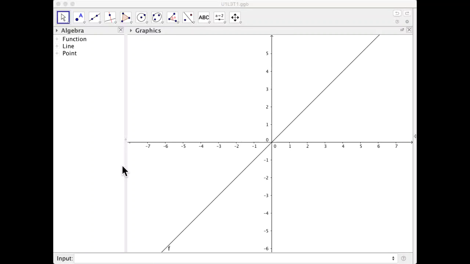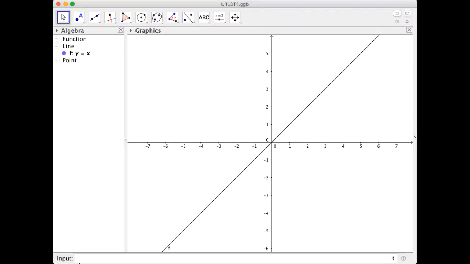So let's take a look at this lovely graph of the function y equals x. This is about as basic as it gets when we talk about continuous functions. It's just one long line, not that interesting. We never have to pick our pencil up. It's just pretty easy to draw.